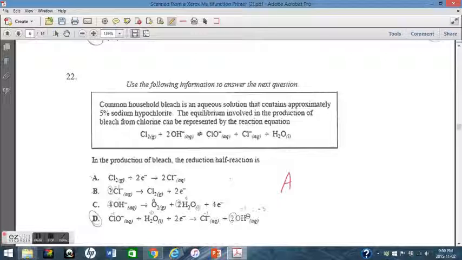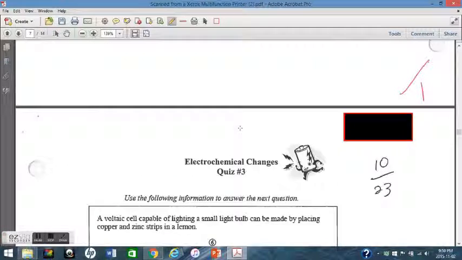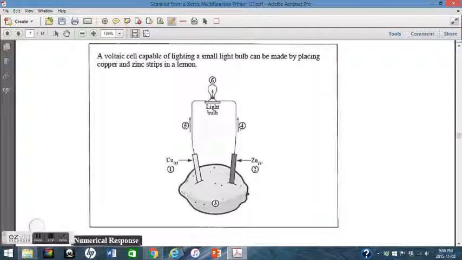Alright, on this one here, the reduction half reaction, again we're looking at the gain of electrons, and so what's gaining electrons there? And it is going to be A. We could also in this case look at oxidation numbers as we were talking about in class yesterday, where this would be 0, this is -1. That's being reduced already.